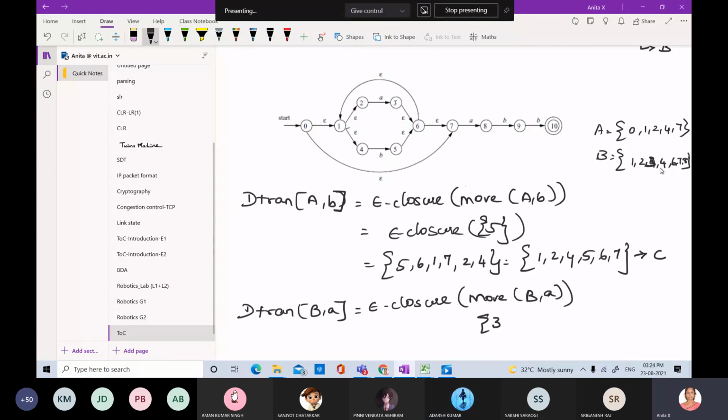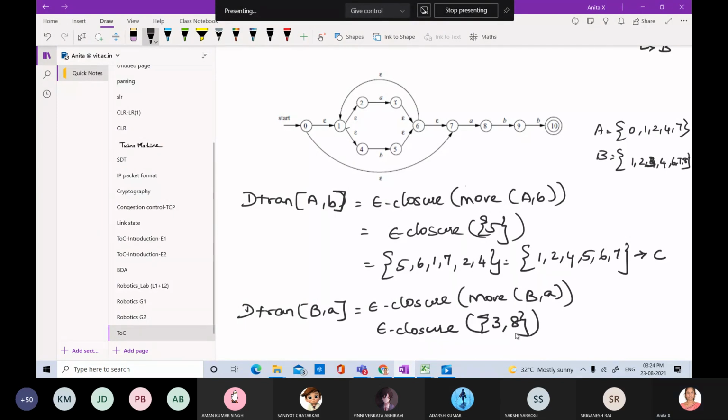No, ma'am. Then 4, is there any transition? No, ma'am. Next is 6. Is there any transition? No, ma'am. 7, yes, there is a transition to 8, right? And from 8, I'm not having a transition. So it's going to be epsilon closure of 3, 8. What is epsilon closure of 3?